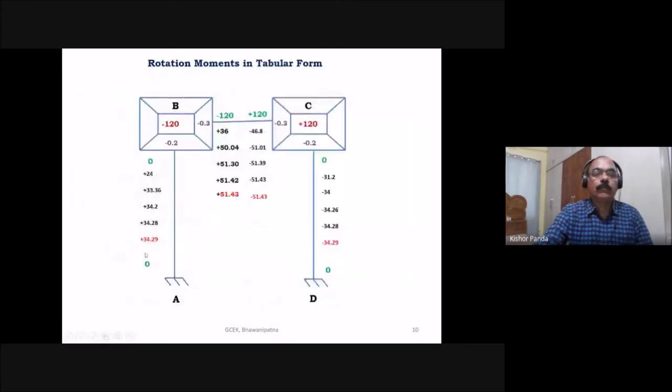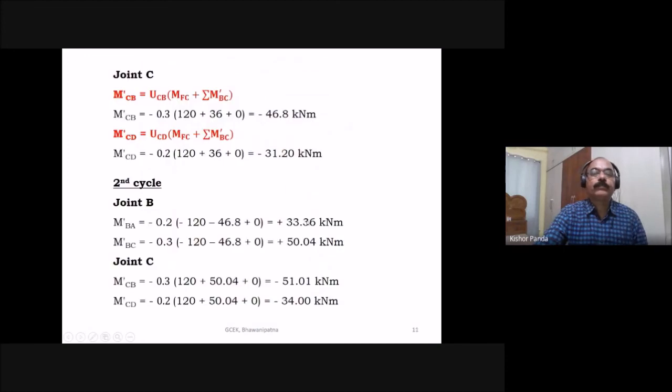And the rotation moment M dash AB is 0 due to the support, and here also the rotation moment M dash DC is 0 due to the support. And you know M dash BA is equal to 34.29 and M dash BC is equal to 51.43, M dash CB is equal to minus 51.43, M dash CD is equal to minus 34.29, and M dash AB 0 and M dash DC 0.